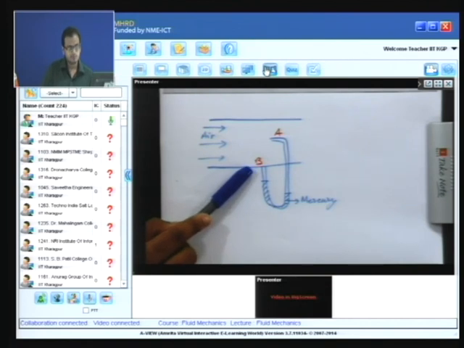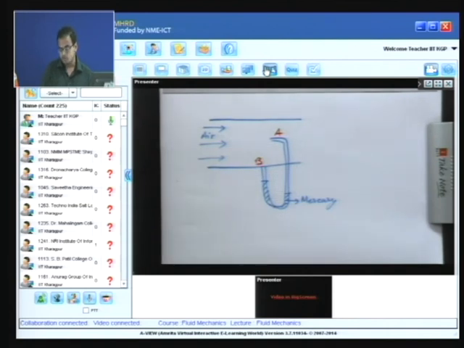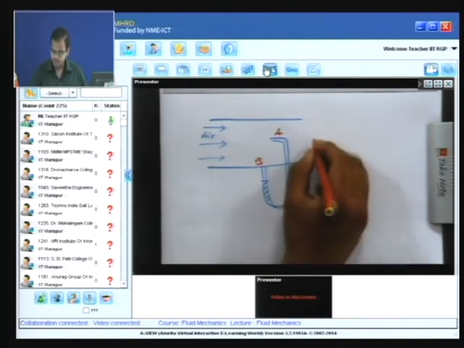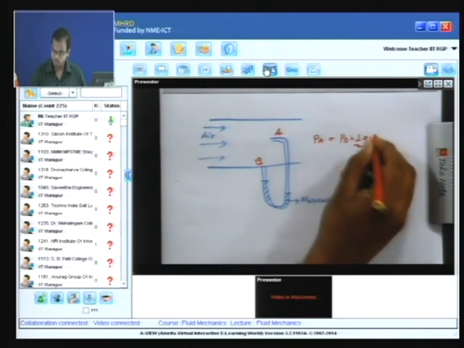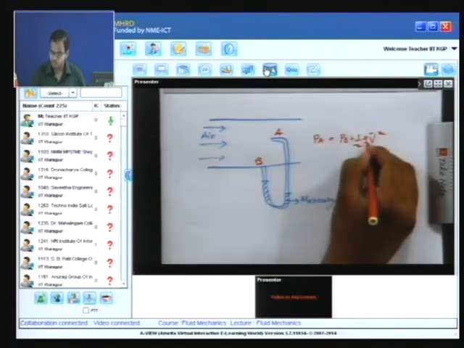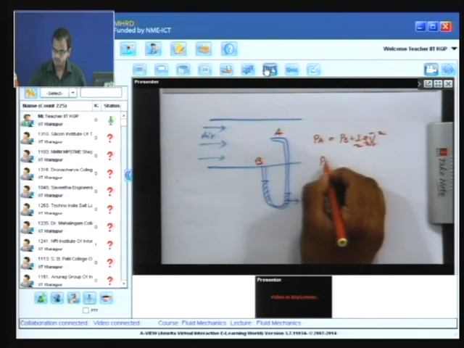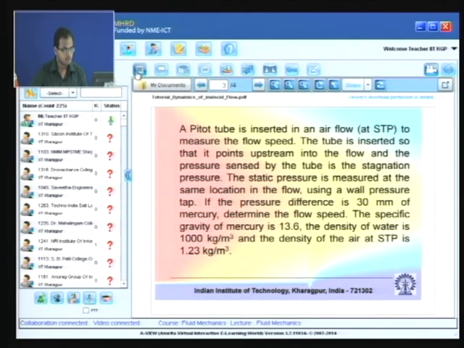Now, if you would remember Professor Ghosh Malik's derivation, you can find out that P A is equal to P B plus half rho V average square. This rho is of rho air, and P A minus P B is given as 30 millimeter of mercury.